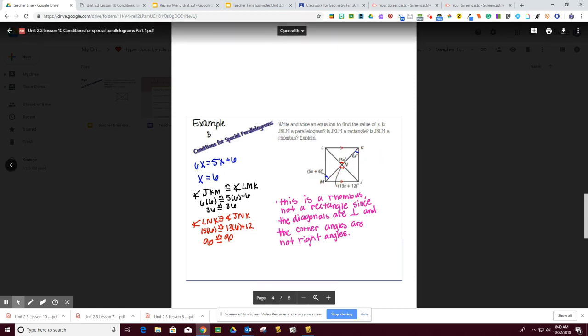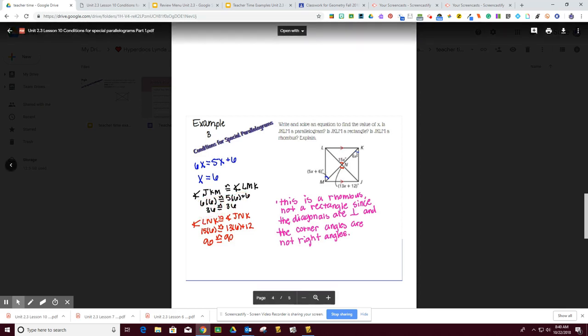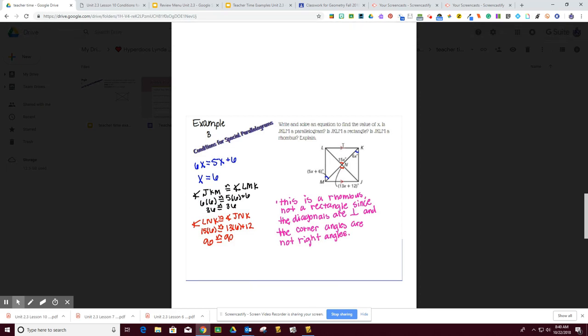So therefore, 6x equals 5x plus 6, x equals 6. Now, if that's the case, we know that both those angles equal 36. Alternate interior angles are congruent, so that makes these lines parallel. Having said that, that makes this thing a parallelogram. So yes, it is a parallelogram, the answer to the first question.